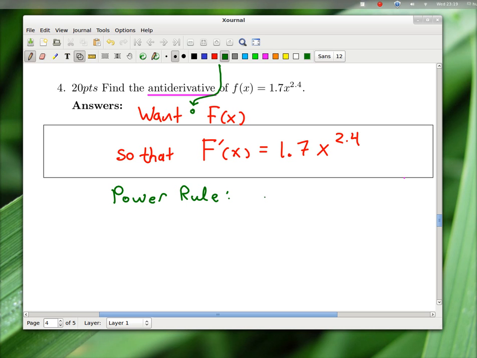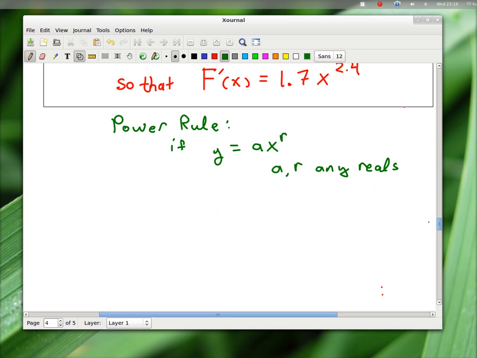It says that if y is equal to a times x to the r, where a and r are any real numbers, then the derivative of y with respect to x, using the prime notation or the Leibniz notation, is equal to: the r comes down, the a hangs out, x is still here, and the exponent is reduced by 1.